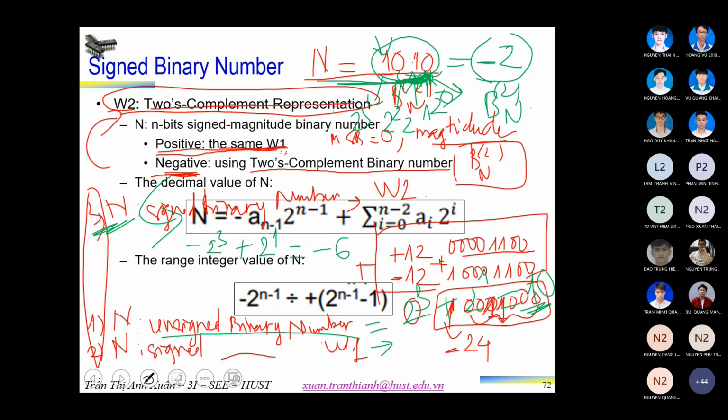Okay, so to repeat, the first is equal to 10, the second is minus 2, and finally minus 6. So you can distinguish all the representations for the binary number, unsigned and signed.